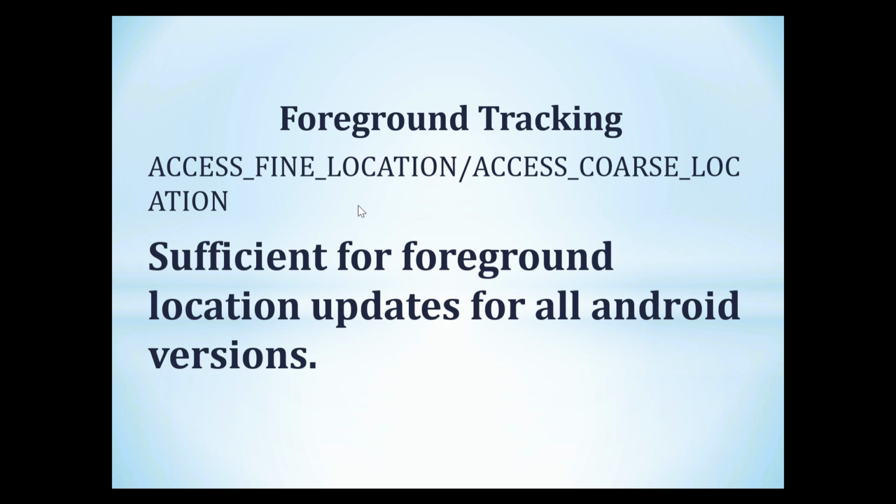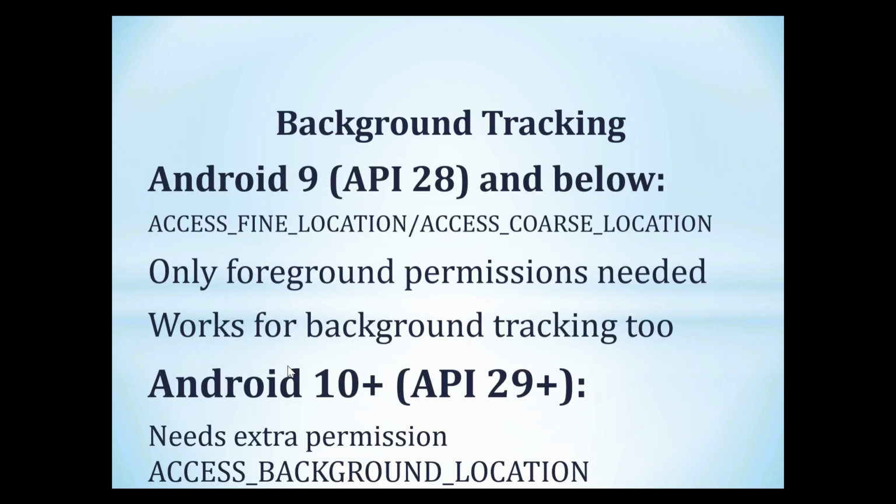Now coming towards foreground tracking. If you want to get user location in the foreground, then these two permissions, fine location and coarse location, will be sufficient, and it will work for all Android versions. If you want to get user location in the background, then if you are targeting Android 9 and below versions, fine location and coarse location will work for you.